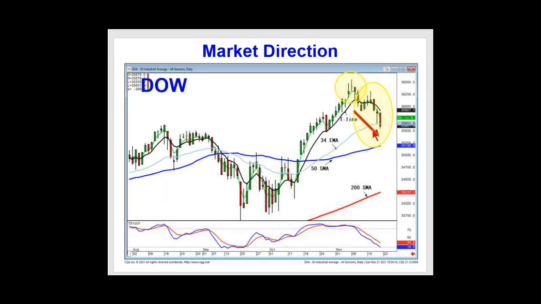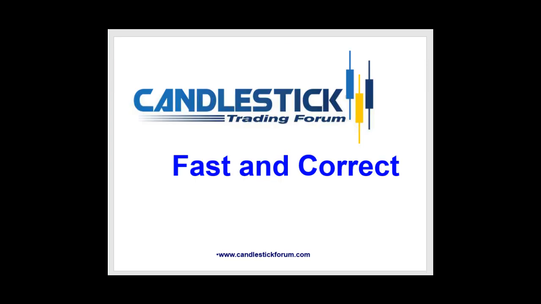When one index is trading up while the other one's trading down, we can pretty well get an assessment of whatever that trade is that we're looking at. Is it going to be more NASDAQ type stocks or Dow type stocks? So that kind of pretty much narrows down, or at least improves the probabilities of being in the right trade at the right time. So the whole concept is we want to be in very fast and correct.